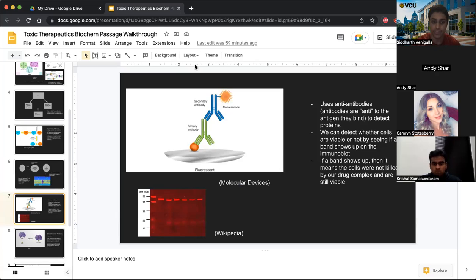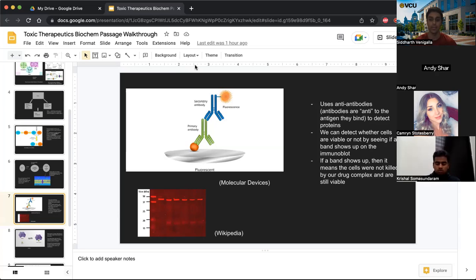If a cell is viable, it will still have proteins in it, and you can detect the cell by using antibodies that are anti to it. When an antibody is specific for something, you call it an anti-antibody. So if you want to detect whether, for example, cell X is viable, you would use an anti-X antibody.